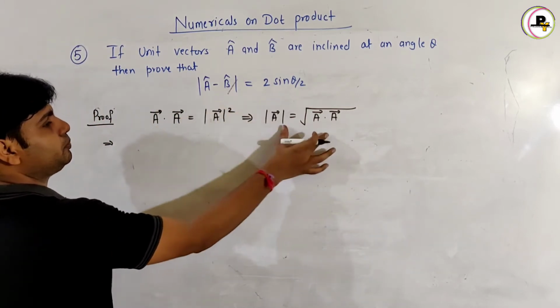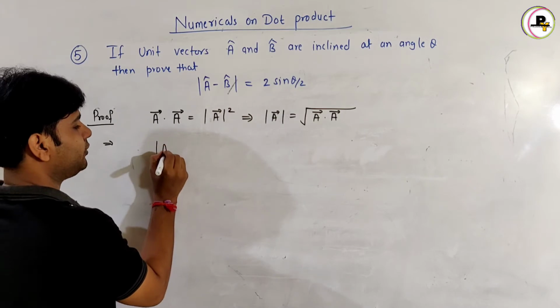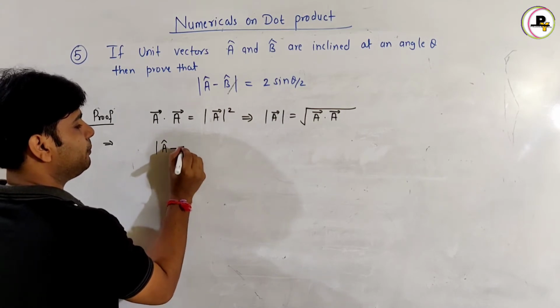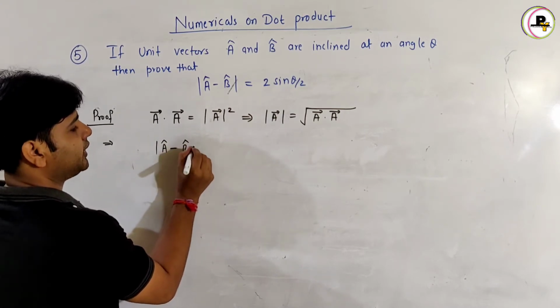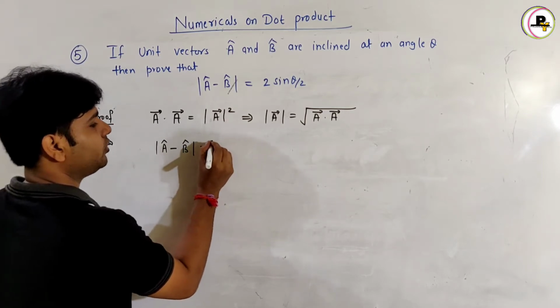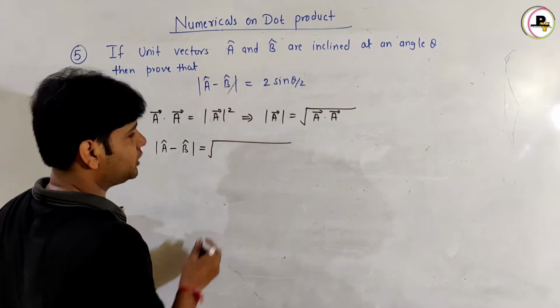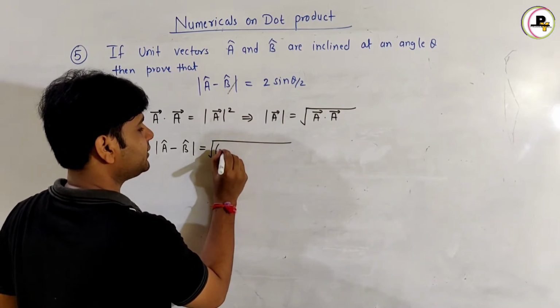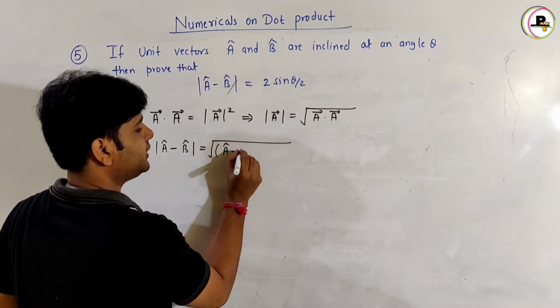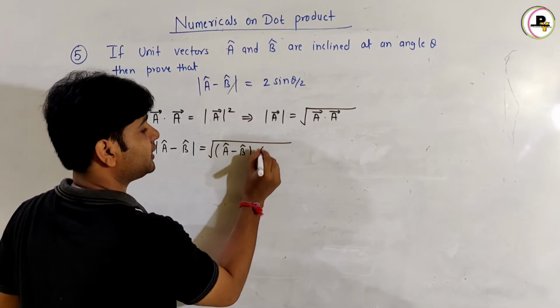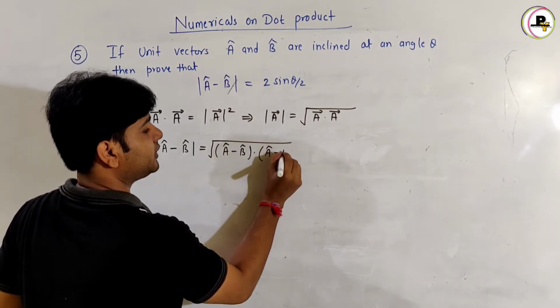So using this property, mod of A cap minus B cap equals square root of the self dot product, that is in bracket A cap minus B cap dot in second bracket A cap minus B cap.